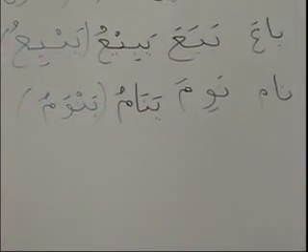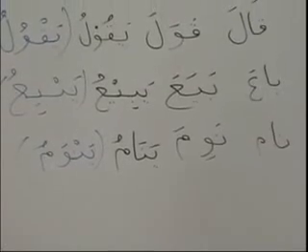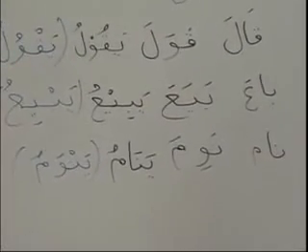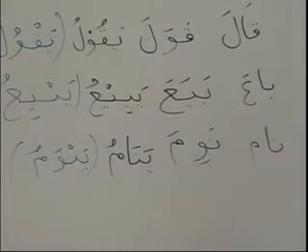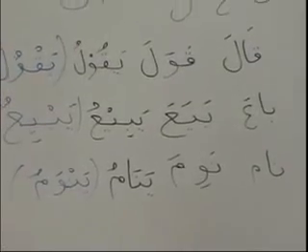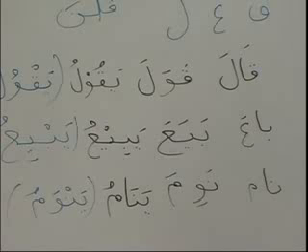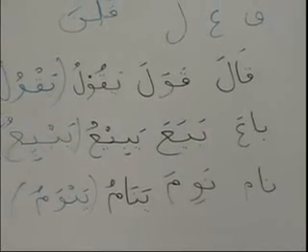So now I can say ba'a, the root is bayya'a. Qala, the root is kawala. Ba'a, the root is bayya'a. And that is bab daraba. Daraba yadribu. Bayya'a yabyi'u changes into yabi'u.